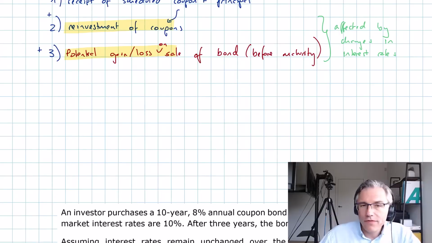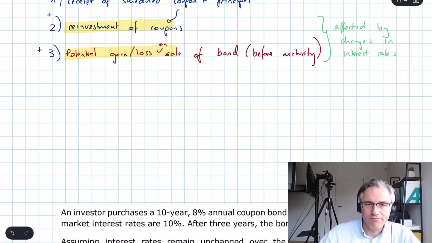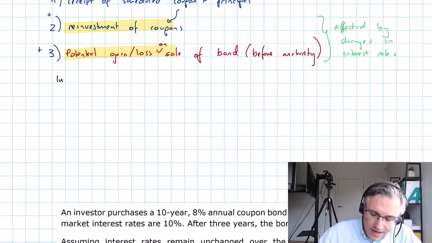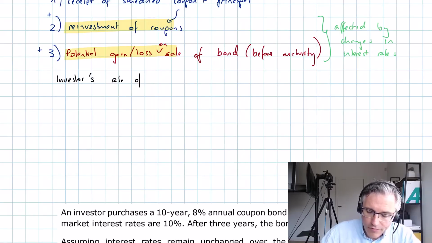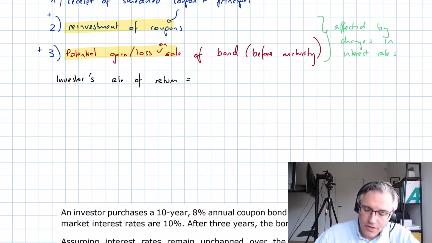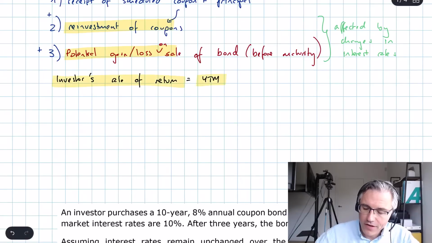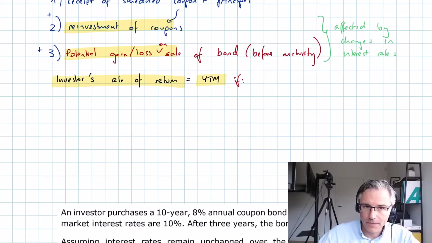So we previously mentioned, and I asked you to believe me that this is the case, that an investor's rate of return, obviously from an investment in bonds, is going to equal the bond's YTM, its yield to maturity, if certain conditions are met.